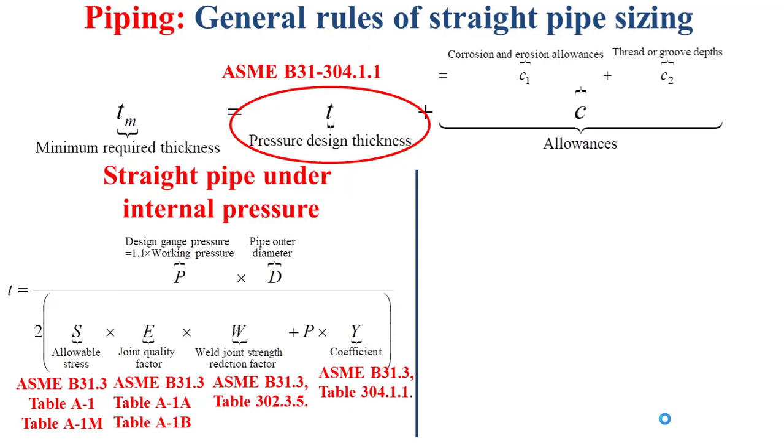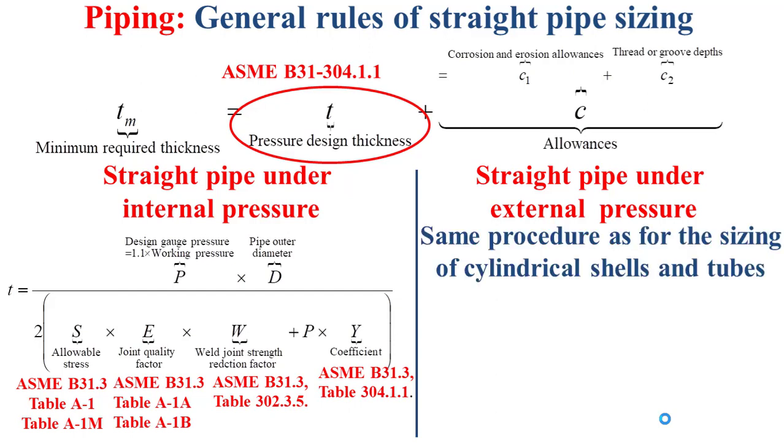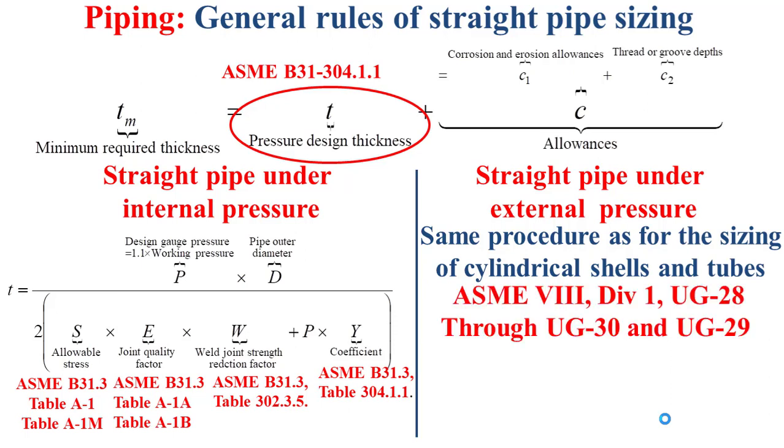For the second case, when the straight pipe is subjected to external pressure, the thickness of the pipe is obtained using the same procedure as for the sizing of cylindrical shells and tubes based on the ASME Section 8, Division 1, UG-28 through UG-30 and UG-29.